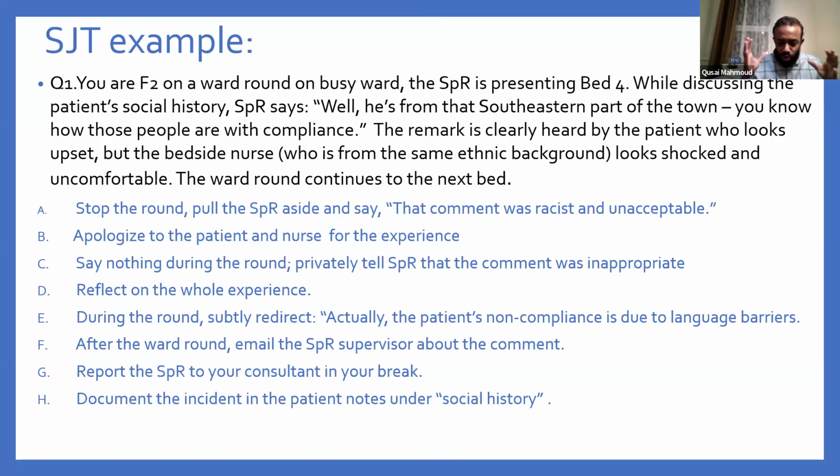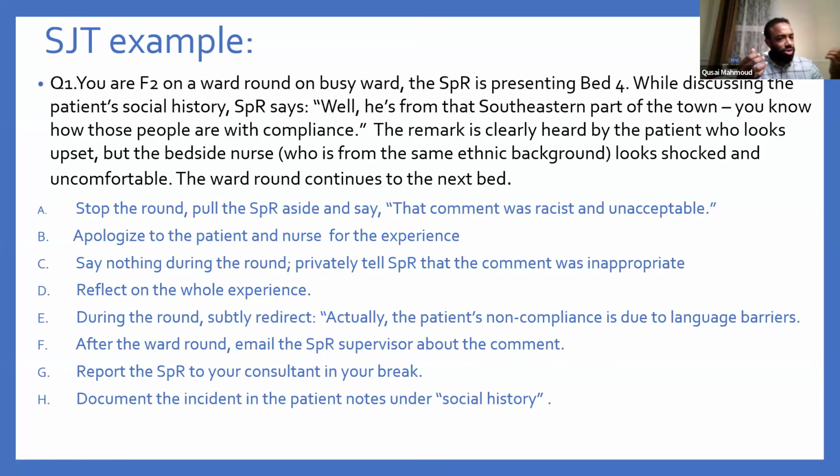Now, if I'm stopping the ward round, that means I'm challenging the racism. Okay, that's fine. I must do that. But on the other hand, I'm stopping the patient care. So I have a big clash here between continuing the patient care and challenging the racism. How can I solve that? Because stopping the ward round makes sense, as I need to challenge that racism.